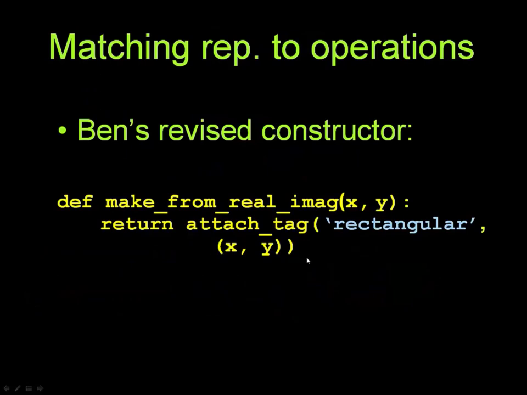We can do a very simple thing. Instead of just using the old version, you modify Ben's constructor from the original XY to this version where you attach a tag called rectangular to XY. This ensures that the data actually has a tag, right?